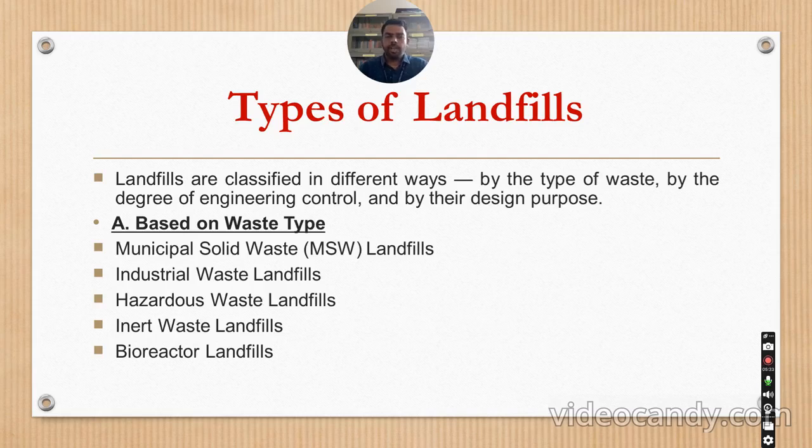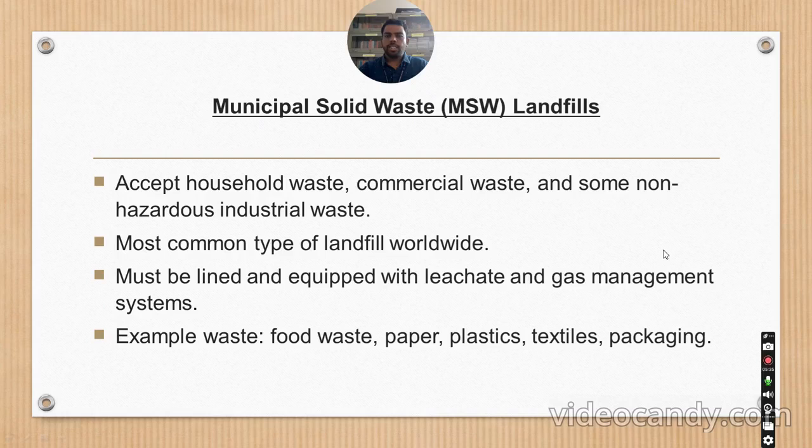First we come to municipal solid waste landfills. Here the waste comes from households, commercial establishments, and some non-hazardous industries. Non-hazardous means it is not harmful to users.